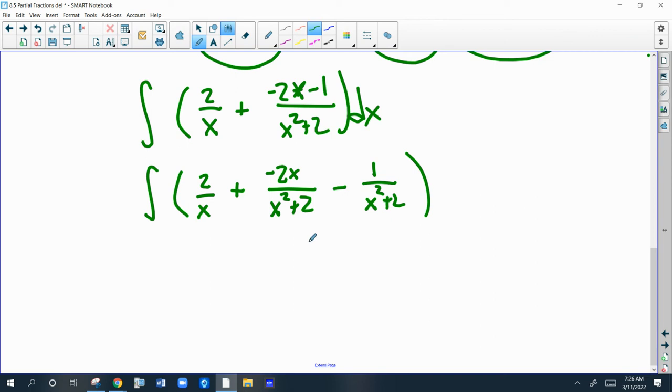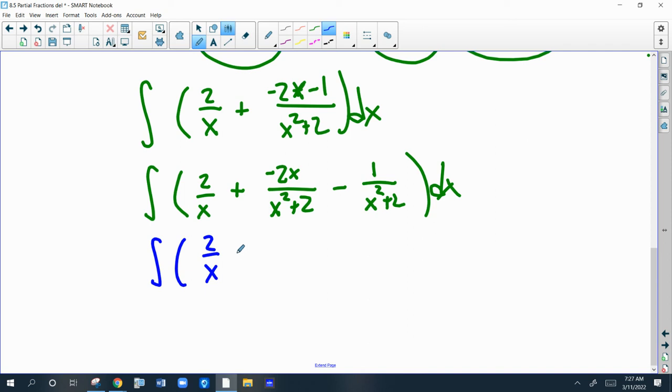So now if you look at this middle fraction, because the derivative of the bottom is 2x and I have a negative 2x, all I have to do is factor out that negative and I have a natural log. This fraction looks like an arctan. It's dx over a squared plus u squared. So we're in great shape here. That 2 over x, I don't know if I mentioned that, but I think it was just too easy.